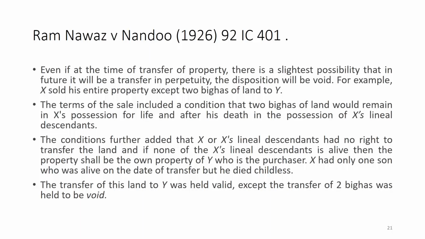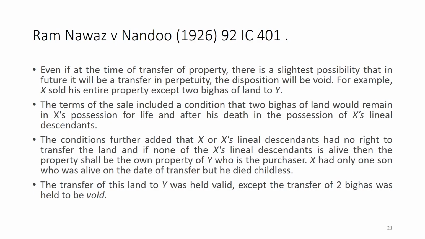The court said in this case that all the sales were valid, except these 2 bighas, which were kept for own purpose and ultimately did not go to any lineal descendant. Suppose there were 50 bighas, and out of them 48 had already been sold and only 2 were kept.